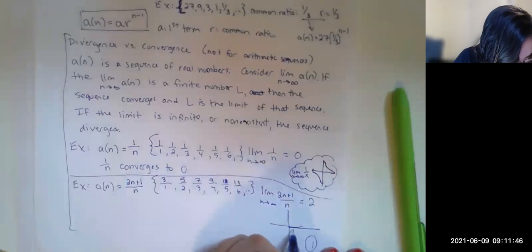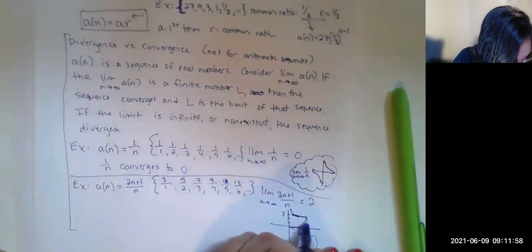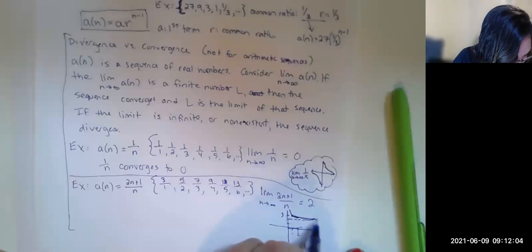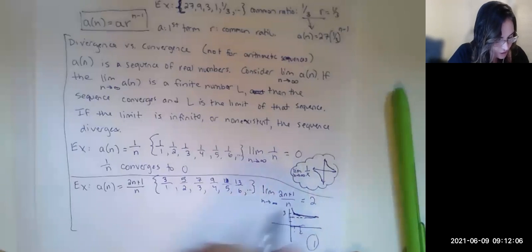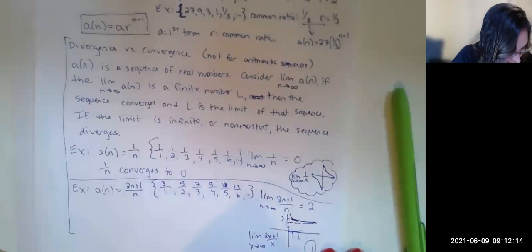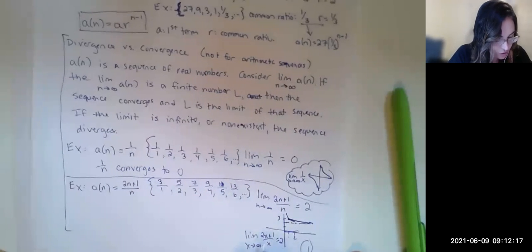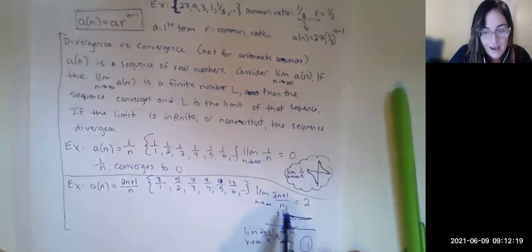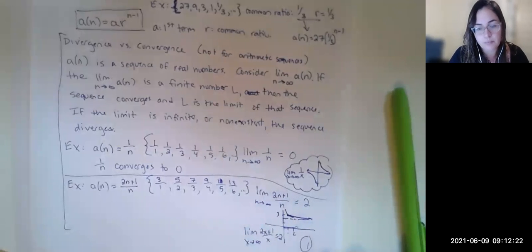So we have 1, 3, and then 2, 5 over 2. The numbers are approaching 2. You can also think about the fact that the limit as x approaches infinity of 2x plus 1 over x equals 2, because if you graphed this with all real numbers, you would have a horizontal asymptote at 2.